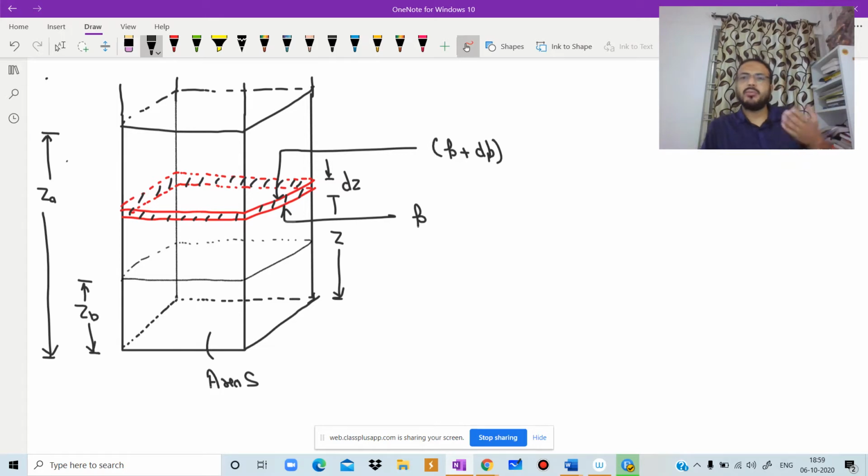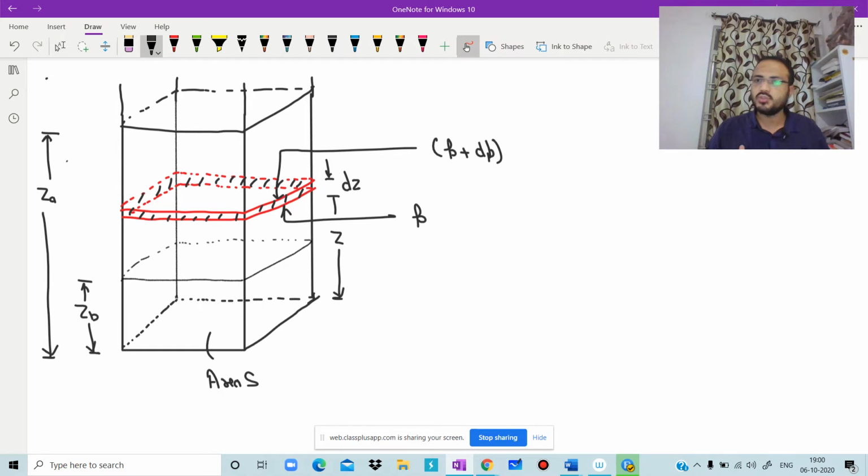Please don't confuse. I am going to take origin. In previous problems we were going in this direction as positive, and here we are going like this, for the simplicity of our derivation. If we have this strip, then there are total three forces. One is pressure P, second one is pressure P plus dP, and third one is the weight of that fluid element.